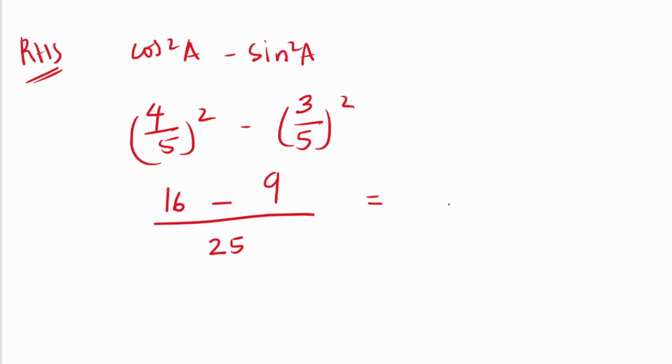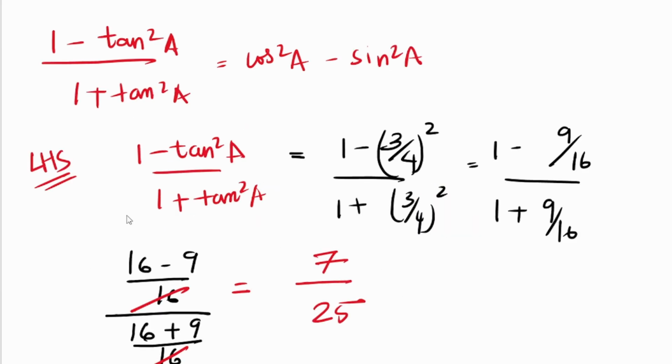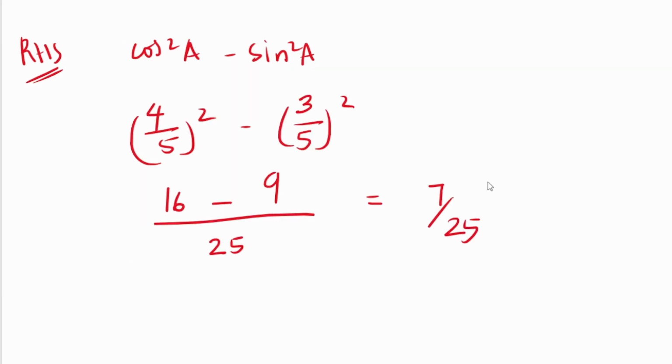When you subtract, you will get 7 by 25. So LHS is equal to 7 by 25, and RHS is also equal to 7 by 25. So LHS equals RHS. Hope this question is clear.